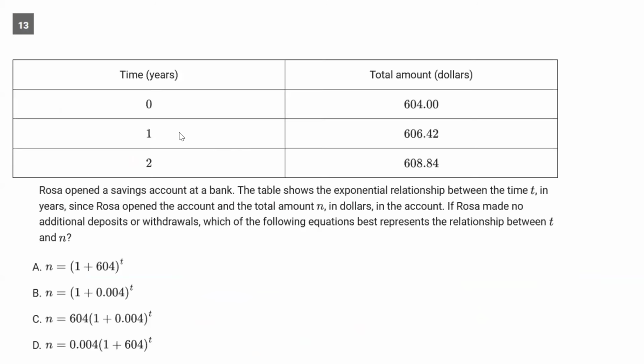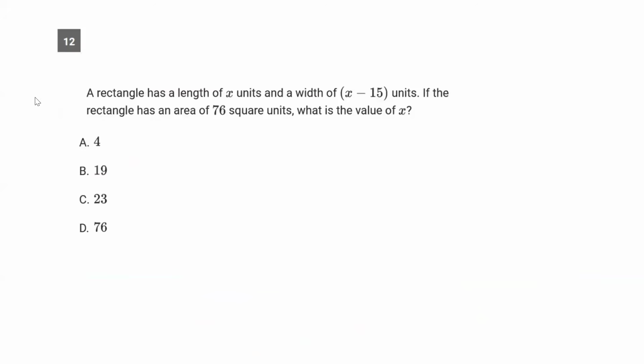It's going to be x times x minus 15, right? And you'll get x squared minus 15x, and that equals the area, which is 76.